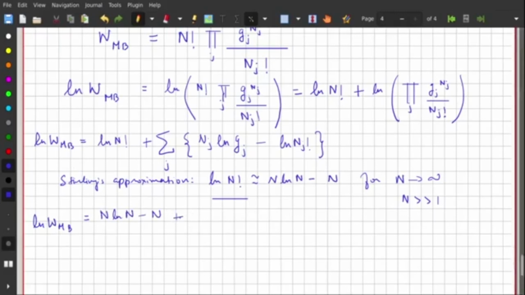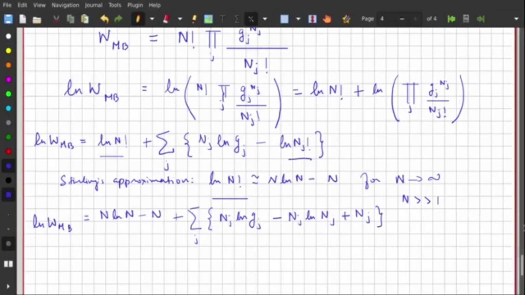Okay, so n log n minus n plus sum over j of nj log gj minus nj log nj plus nj, where we use Stirling's approximation here and here both.